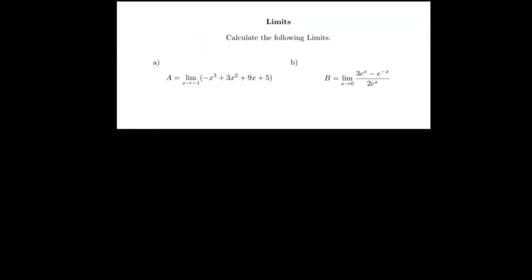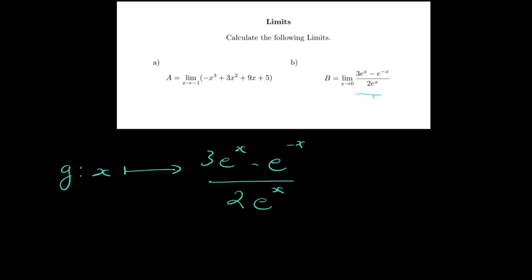Now, second one. Now let's call g the function here. So g, the function that given x gives 3e to the x minus e to the minus x over 2e of x. This is another way of introducing a function. You could think, and this is like a trap, that this will go to 0 when x tends to 0.